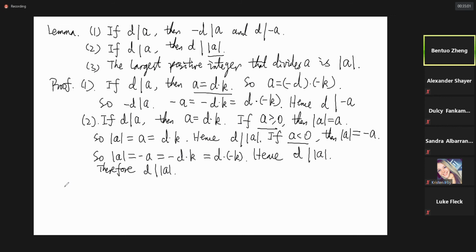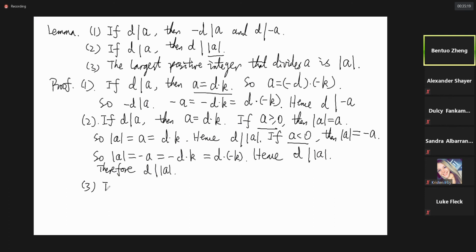So the third property, the largest positive integer that divides A is the absolute value of A. Okay, so number 3.